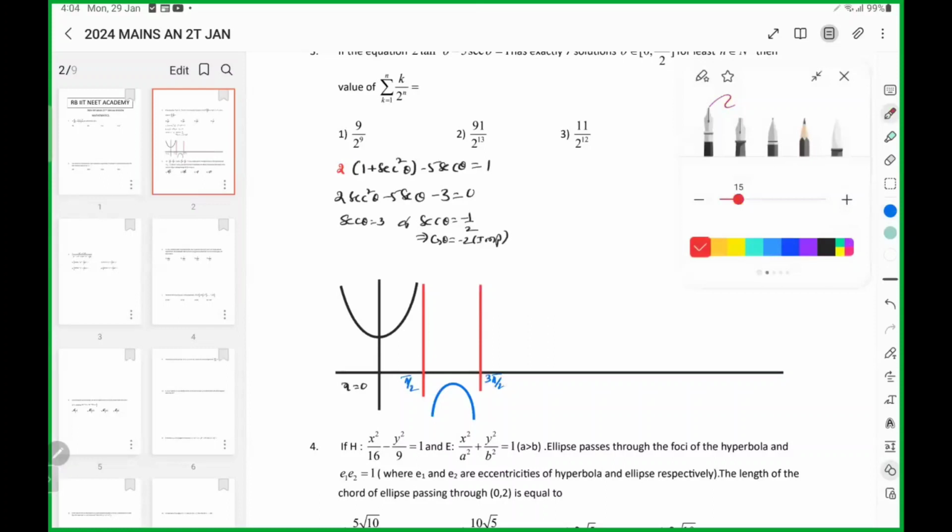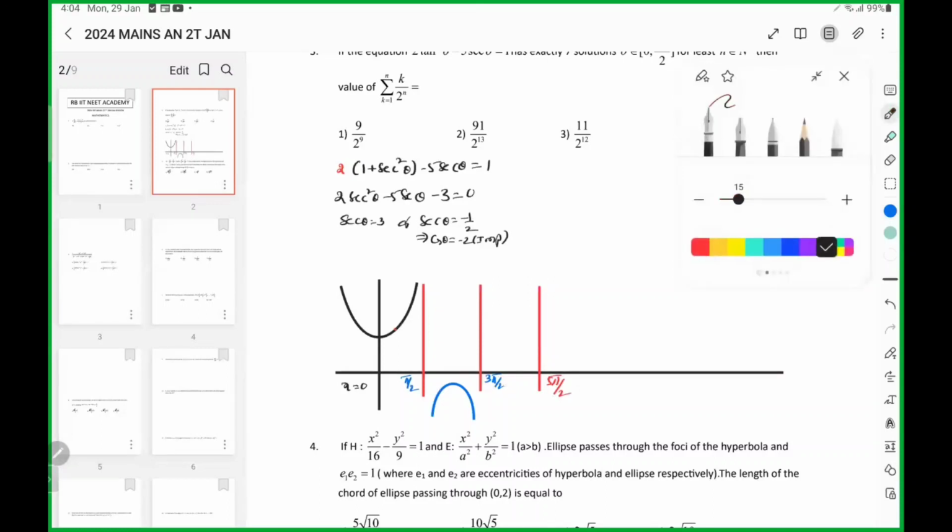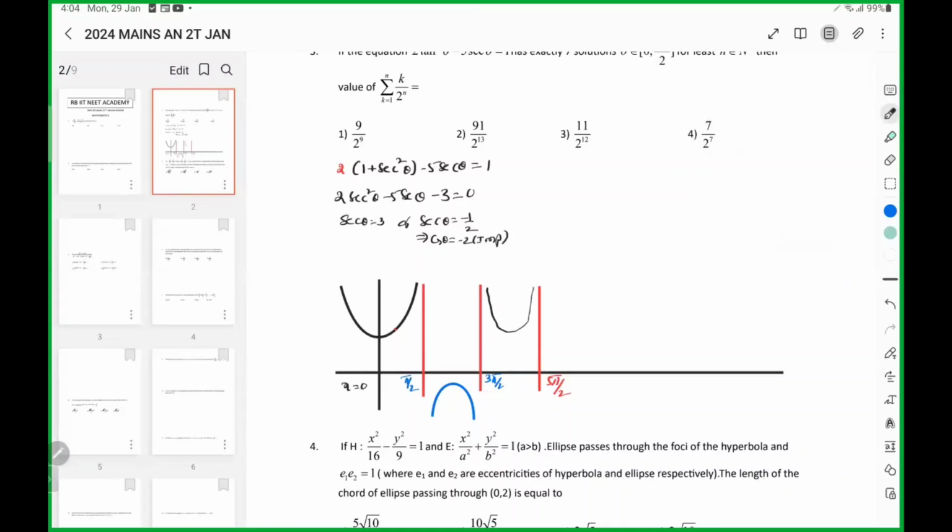Similarly, 3 pi by 2 to 5 pi by 2, you take it. If you draw the graph, again the same graph.